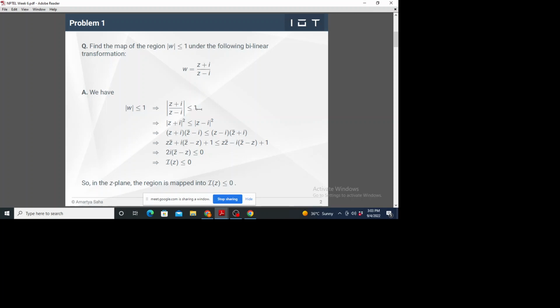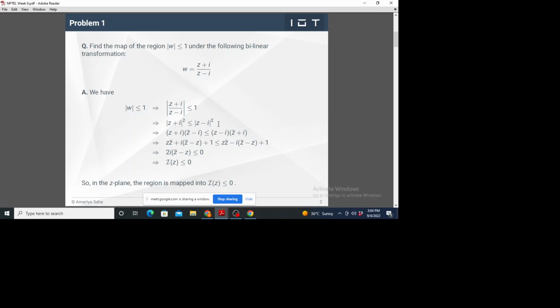After substitution, I multiplied both sides by mod Z minus I, and then took the square of both sides. Nothing changes because the modulus is a positive valued entity, so upon taking the square or the multiplication, the less than or equal sign does not change.